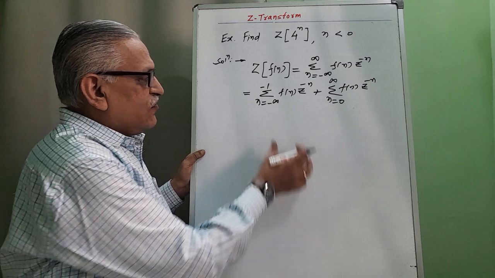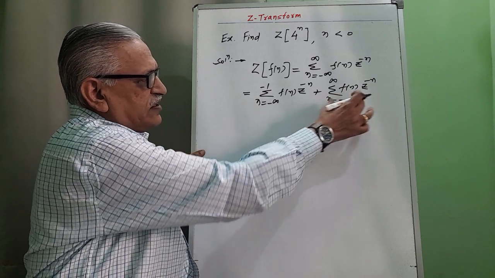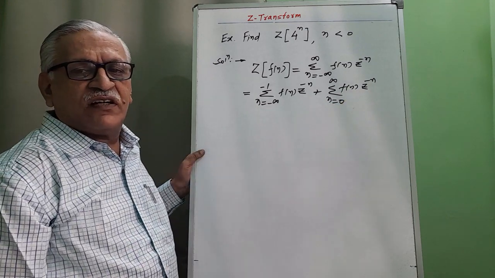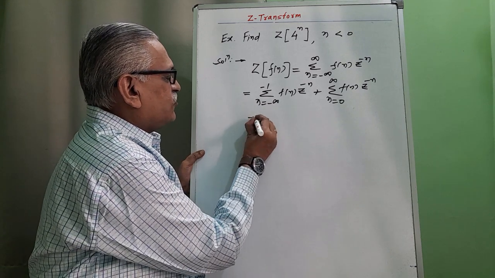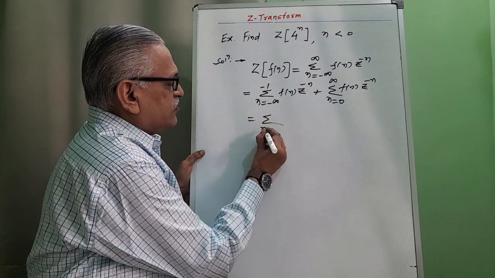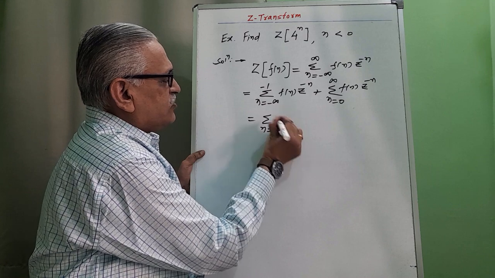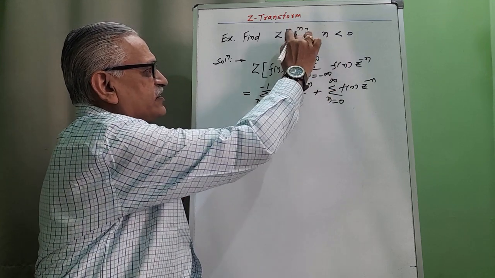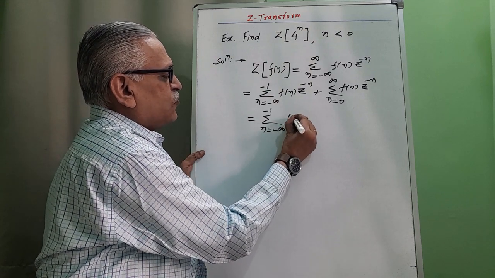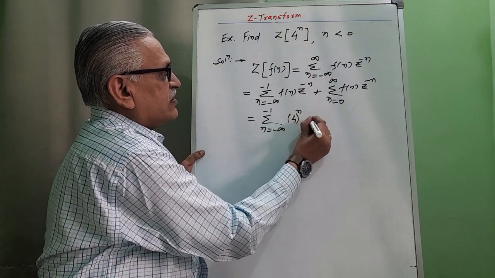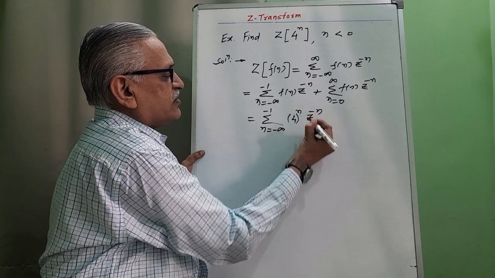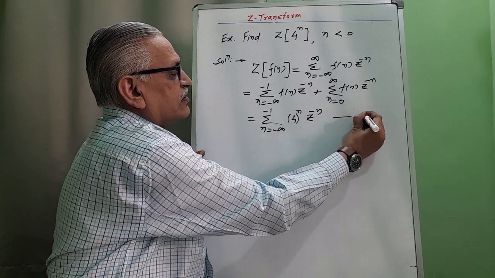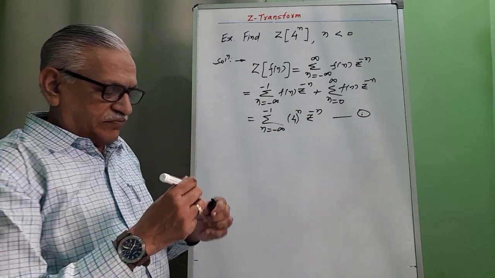For the negative values the function exists, and for the range 0 to infinity the function does not exist. Therefore it is the summation from n equals minus infinity to minus 1 of f of n, which in that range is 4 raised to n into z raised to minus n. We call this equation 1.